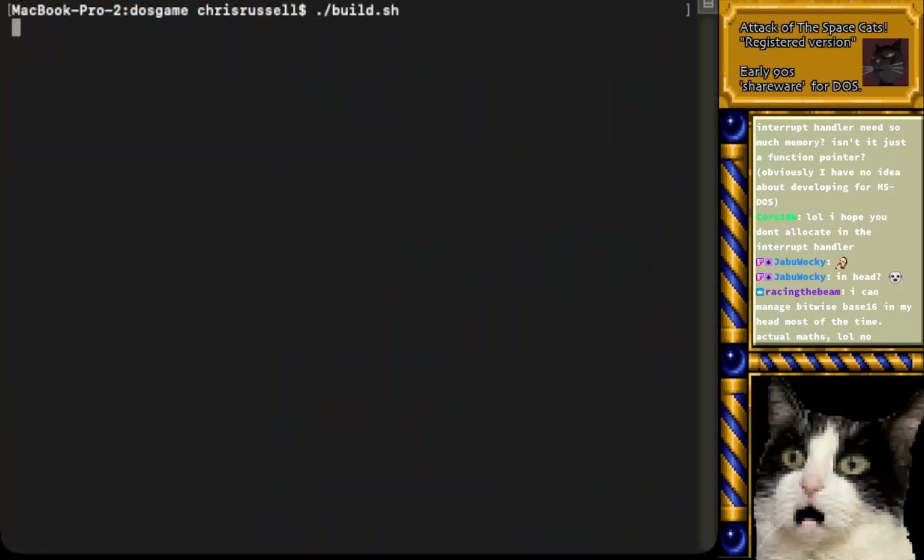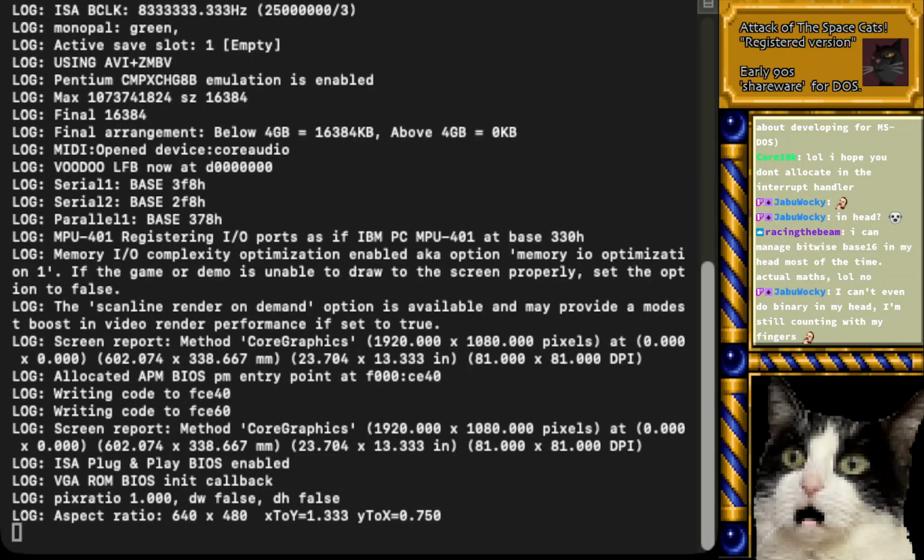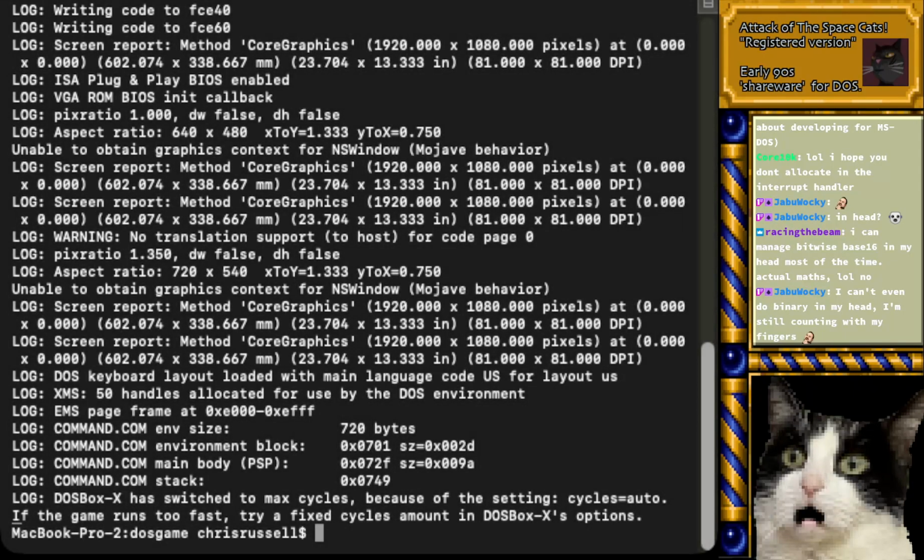I can manage bitwise base 16 in my head most of the time. Actual maths, no. Can't even do binary in my head. I mean, I think a lot of coders can do that one. You can sort of amaze normies by telling people things to the power of 2, because I know most of those up to quite a large number.